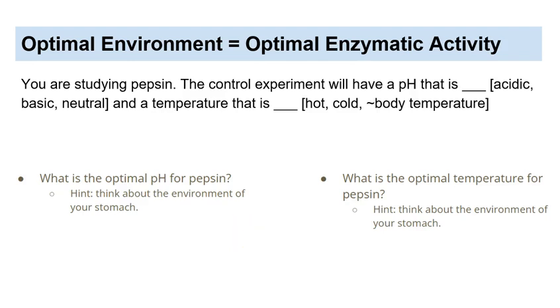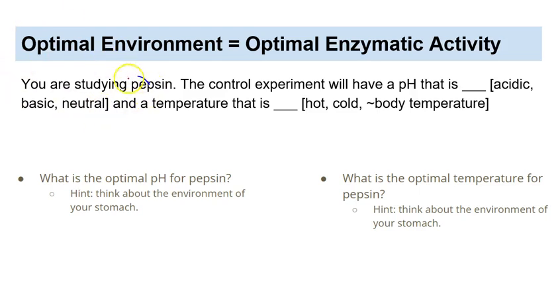Next, let's practice for optimal environment. We learned that each enzyme has an optimal environment. Their pH should be in optimal pH, and their temperature should be in optimal temperature, at which they can have their optimal enzymatic activity. You're studying pepsin.